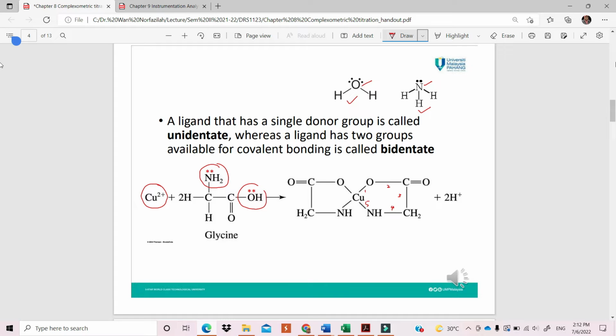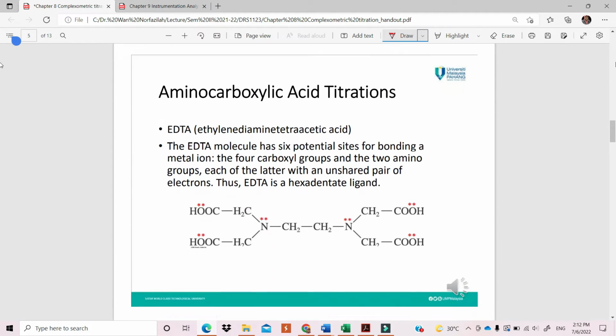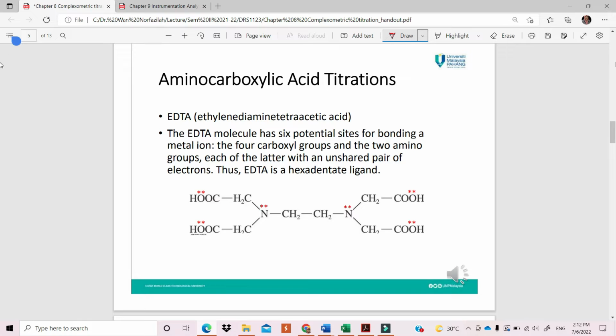Okay, and then for EDTA just now, as I said, this EDTA has 6 group that can form bonding with a metal ion. 1, 2, 3, 4, 5, and 6. So we also call it as hexadentate ligand.